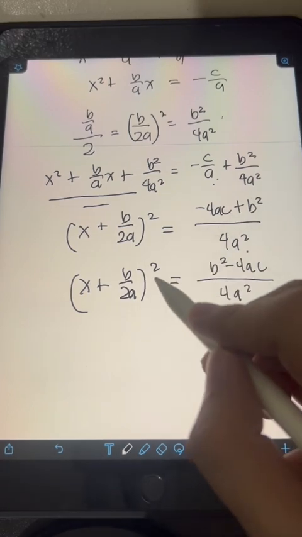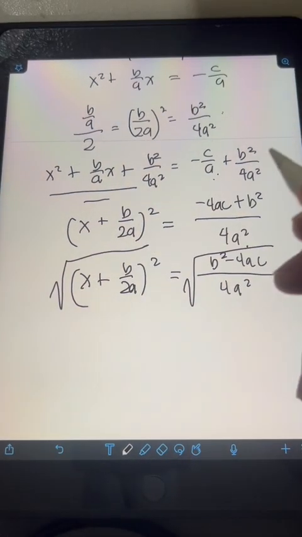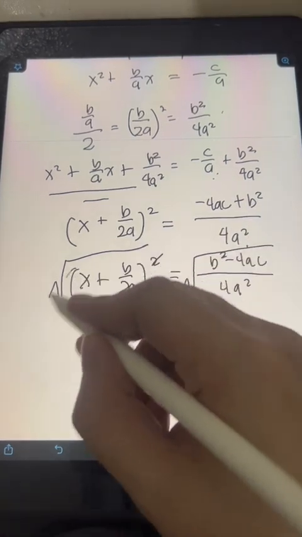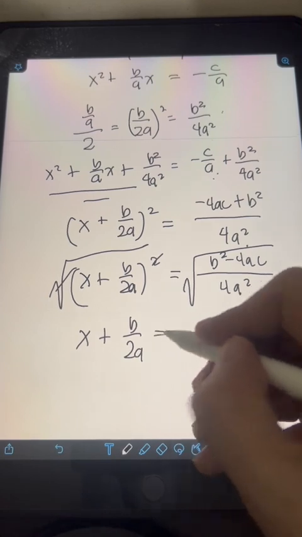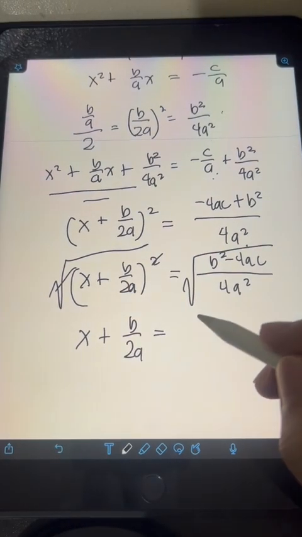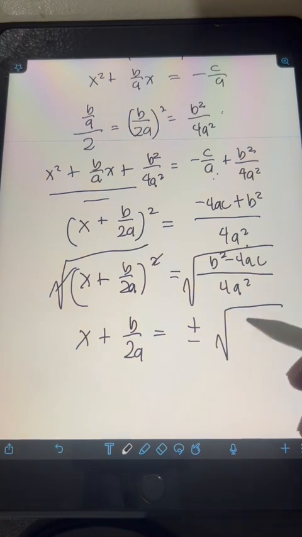And then to eliminate the square on the left side, we can get the square root of both sides of the equation. So we can cancel the square here. We are left with x plus b over 2a equal to, let's just put the plus minus symbol here, on the square root of the right side, b squared minus 4ac over 4a squared.